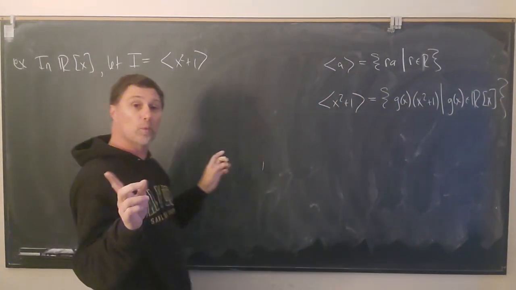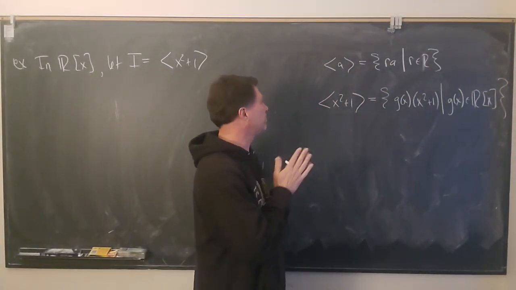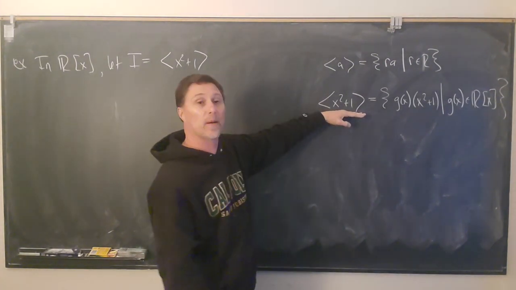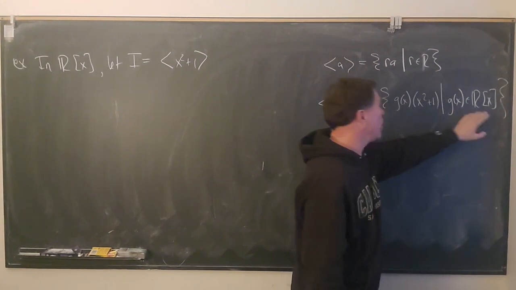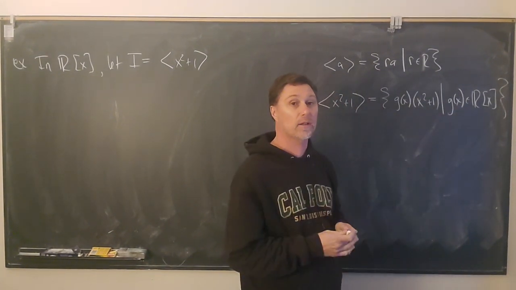Here's a good way to think of this: the ideal generated by x squared plus 1 is the set of all polynomials that have x squared plus 1 as a factor.